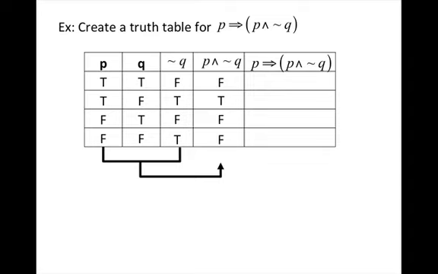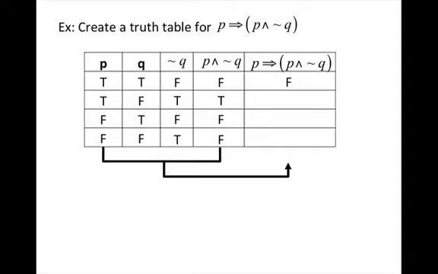Next, I want to look at P implies (P and not Q). The P comes before the implication symbol, so I start with it, and I compare it to the P and not Q column. The implication is only false when the first value is true and the second value is false. This happens in line 1.